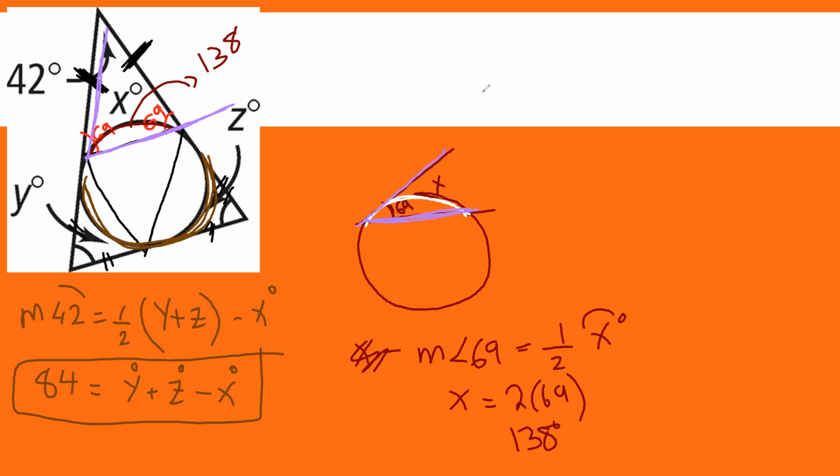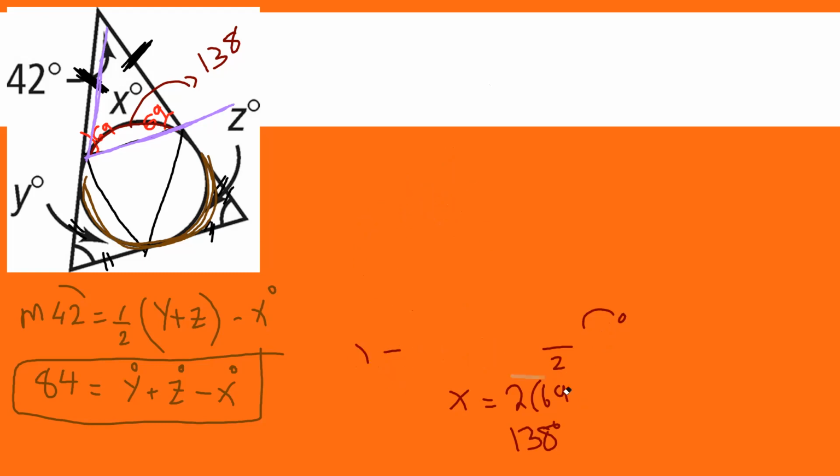Now I need to find y and z. I have x, which is 138, so let's clear here and write it as 138. Now look at y and z.